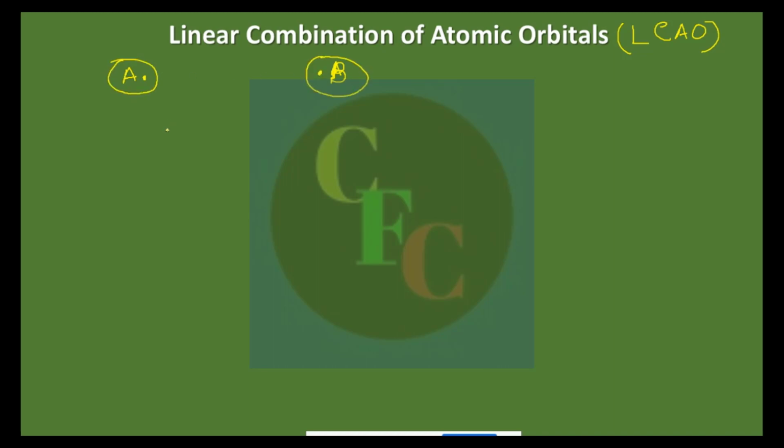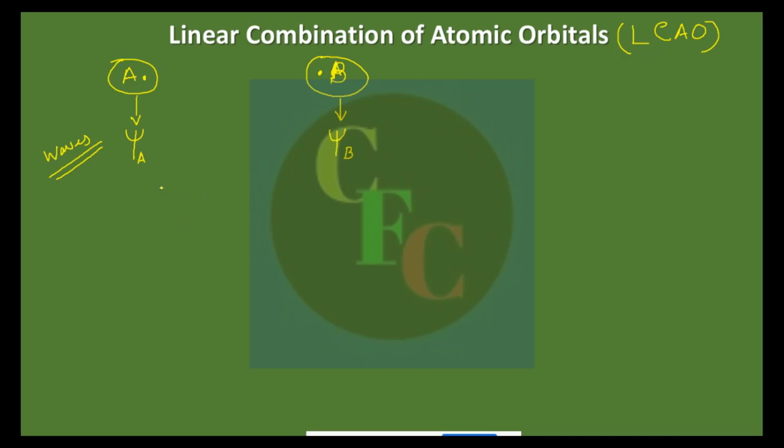The wave function associated with the first, let us denote it by psi A, and this one similarly as psi B. These are the two wave functions of A and B respectively. Okay, now let us combine. Mind it, we have to remember that these are waves. Waves can interfere, and they can interfere in two ways, constructively as well as destructively.